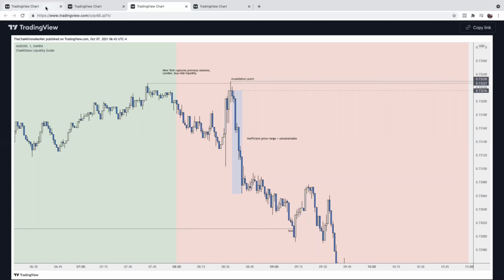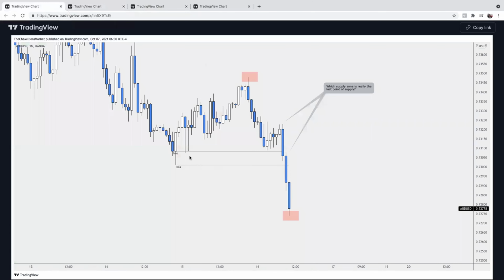Another little tip I'd like to speak on before I go to the next slide: I'm going to bounce back here real quick. As you can see, if none of this was here, you could actually see that this right here is a demand zone. And this last rally up just barely missed this demand zone before the rally.